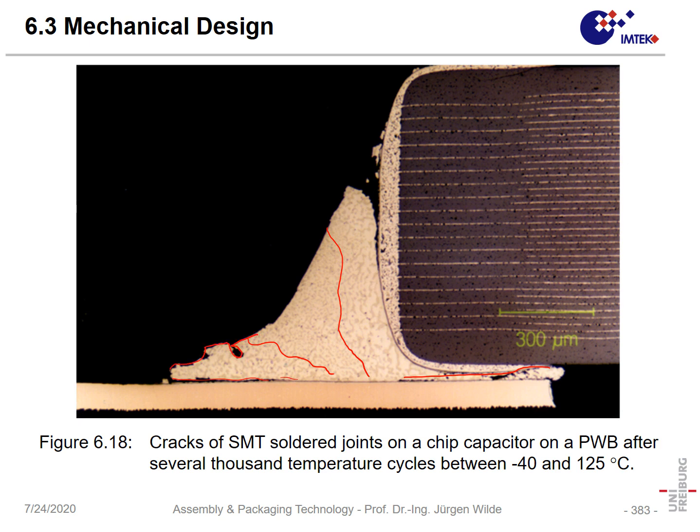Also, these holes are not a result of soldering processes, but these holes are a result of fatigue. So in that way, we can say we have a large strain, and after a certain number of cycles, here it was several thousand cycles between -40 and 125 degrees centigrade, we get cracks everywhere where there are big strains in our assembly.